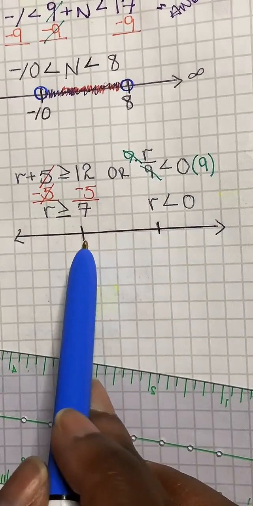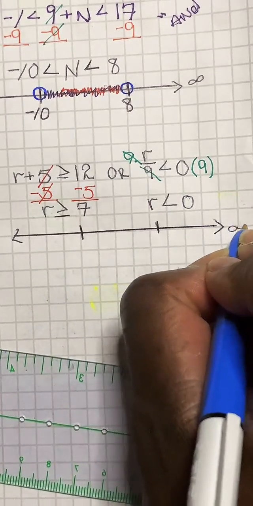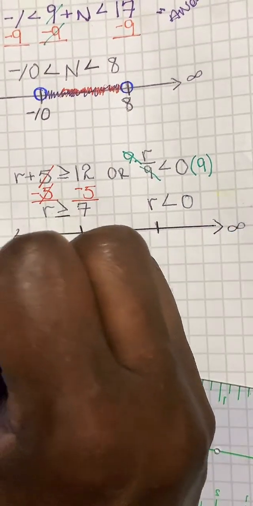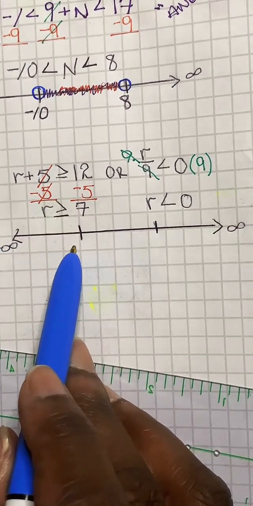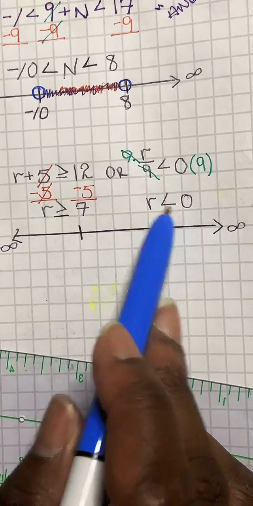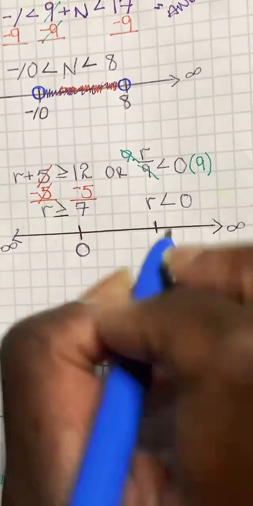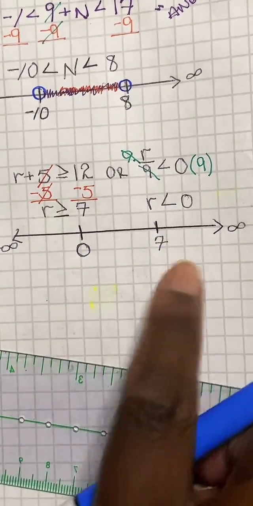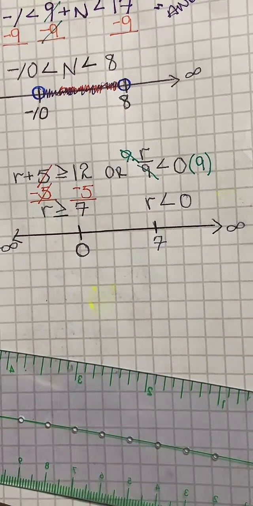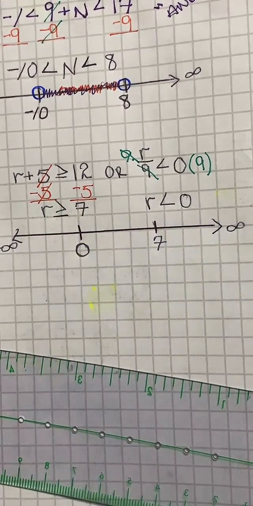So, since we're thinking about the number line, and this is going all the way to positive infinity, and this one's going all the way to negative infinity, which one's smaller? It's going to be the 0. Because some of us get so tunnel vision and so worried, we forget to switch them or put them in their proper space. Now, we didn't divide any of them by a negative number, which is awesome.